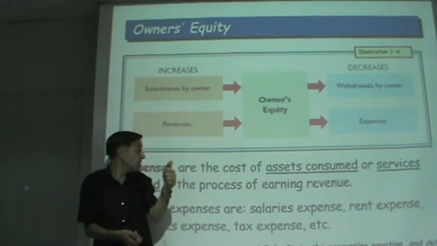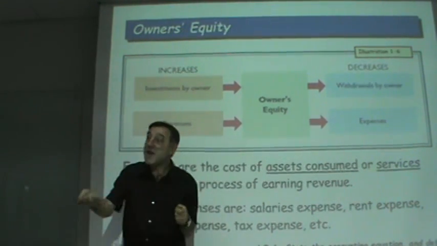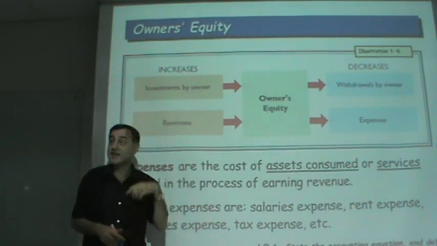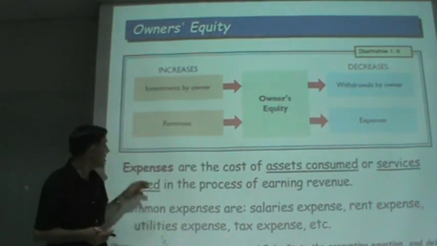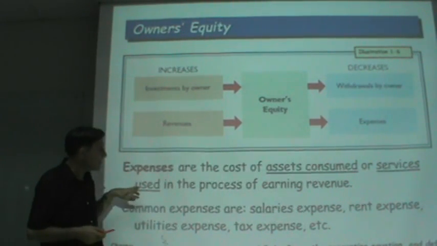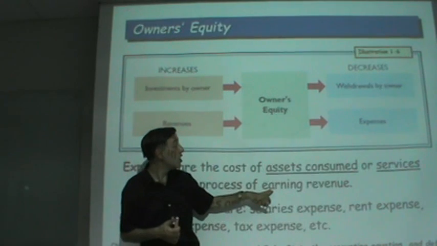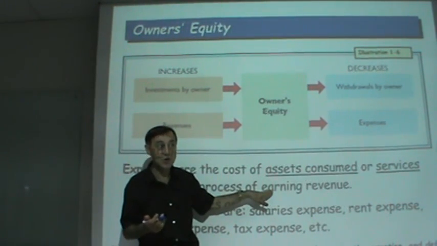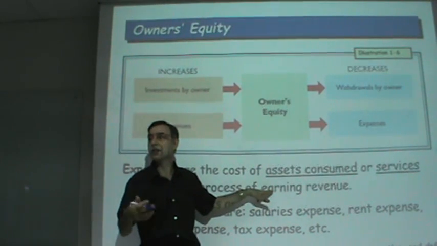The spending money is called expense. The making money is called revenue. So expenses are about spending money in order to earn revenue. Earn is the same as what we like to call generate revenue.